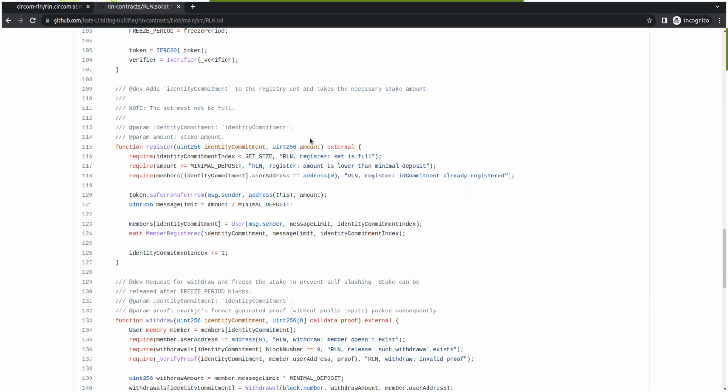But the problem is that we use ERC20, and for example, if it will be USDC or USDT Tether, the problem with burning Tether and USDC is that all the money will go to Circle or the Tether company.